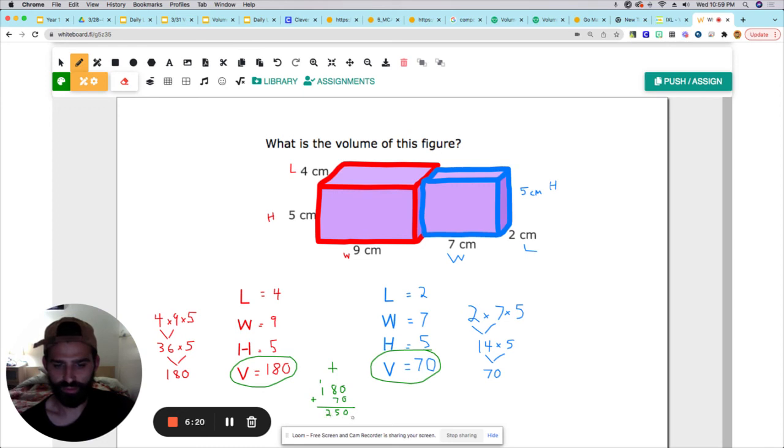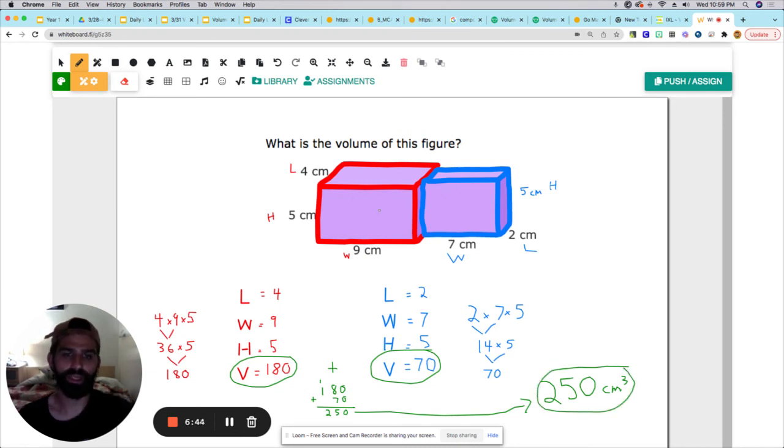So my answer, I'm going to write it a little bit bigger over here just so you guys can see it. It's going to be 250 cubic centimeters. I could write that like this as well, centimeters cubed. So that is my final answer. I took the volume of this one, the volume of this one, and I smashed them together to get my answer. If you have any questions, let your teacher know or let me know.